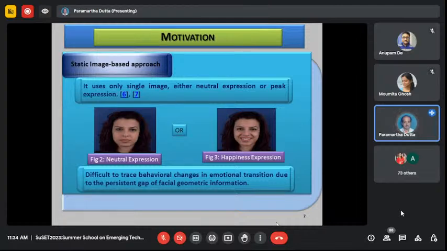Our goal is the next level, where instead of a single image, we are having a sequence of images of the same person, which indicates a transition or change in emotion.